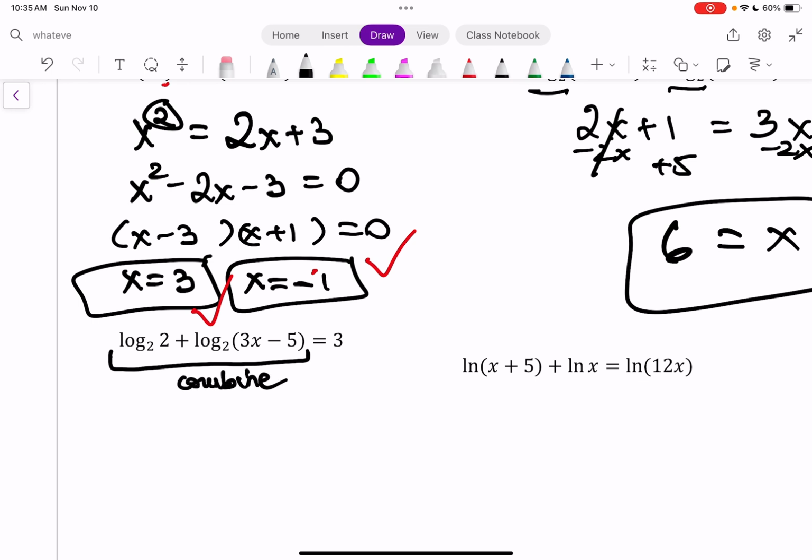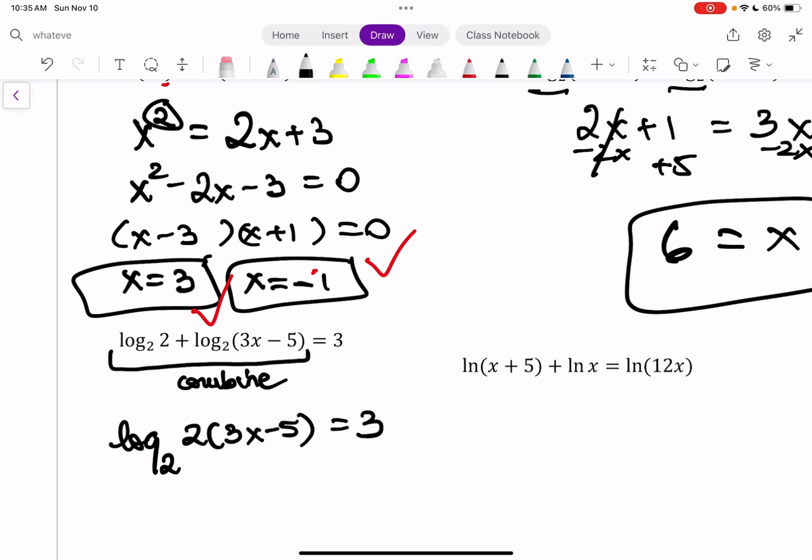And that's what we practiced in 6.4, I believe it was, when we talked about the properties of logs. So, as long as the bases are the same, you get to combine two logs by multiplying their insides.